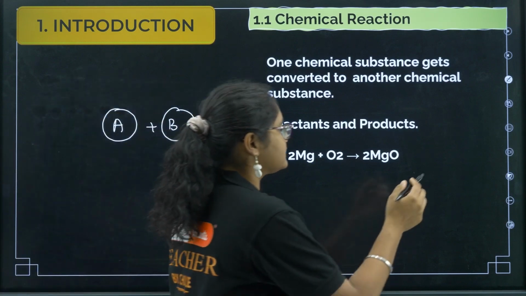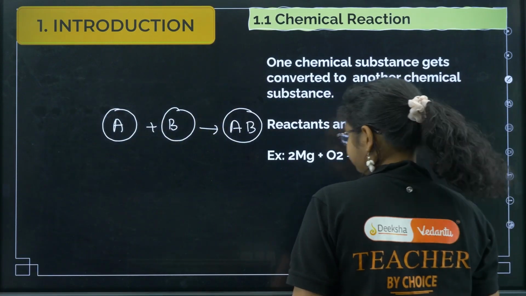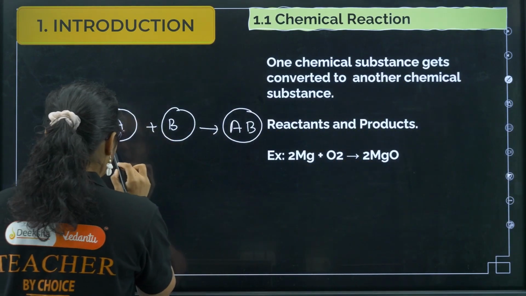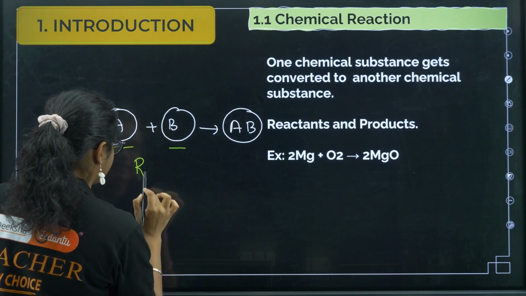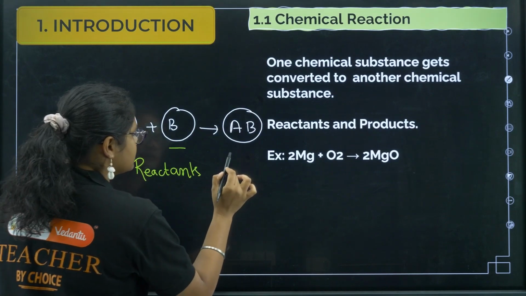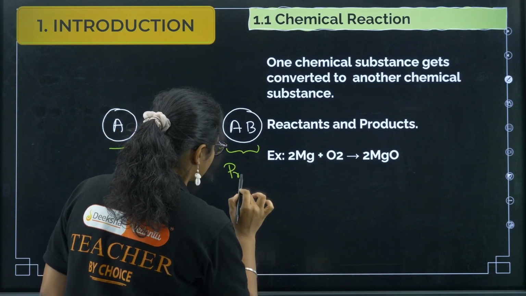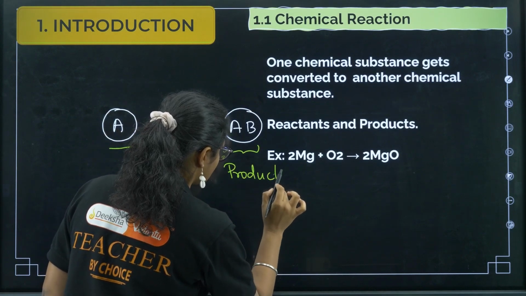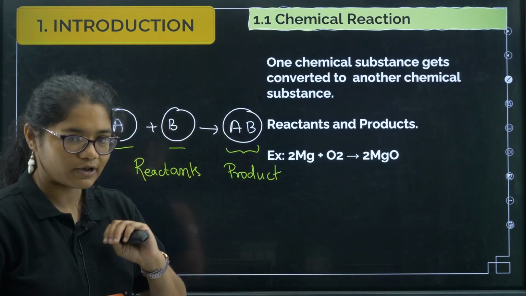A and B are called reactants, meaning they are reacting with each other. AB is called the product. Clear?